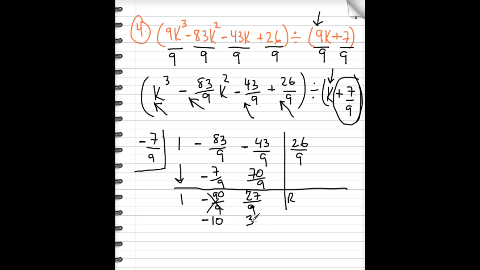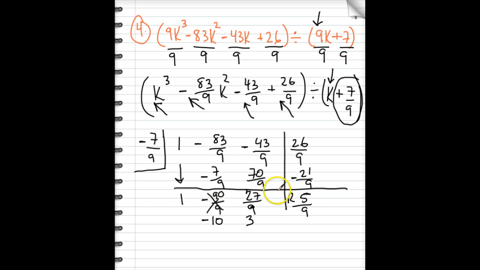So now we have 3. Multiply that back. 3 times -7/9 is -21/9. Adding this column, 26 minus 21, since we're counting by ninths, is 5 ninths. So there is our remainder.